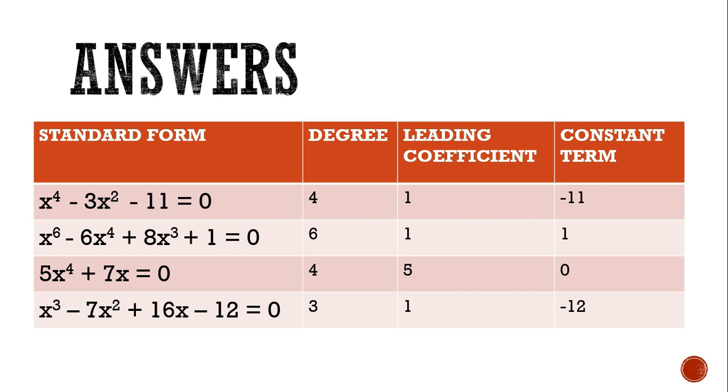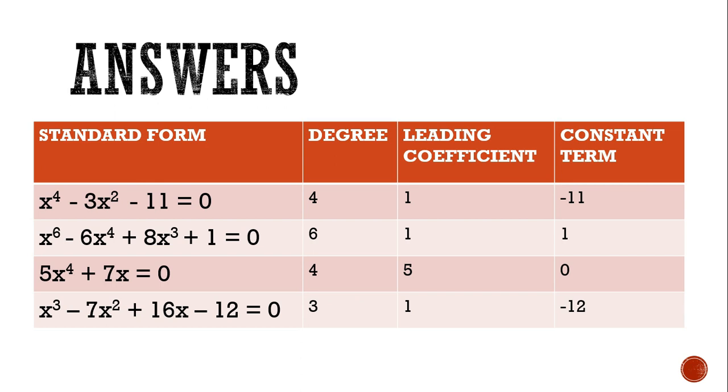Number 1, the equation could be arranged in standard form as x raised to 4 minus 3x squared minus 11 is equal to 0, having the degree of 4, leading coefficient of 1, and constant term of negative 11.